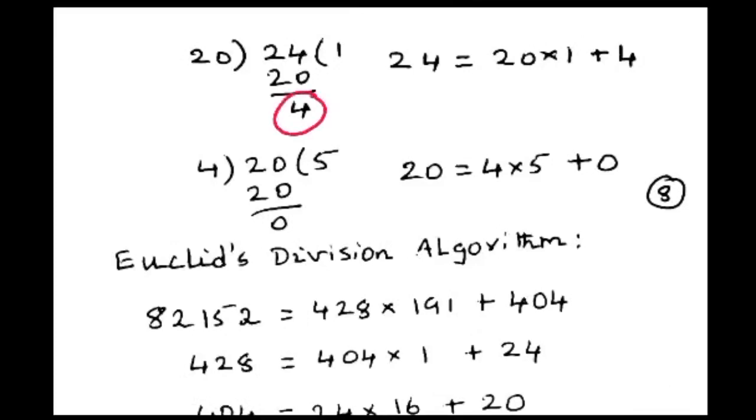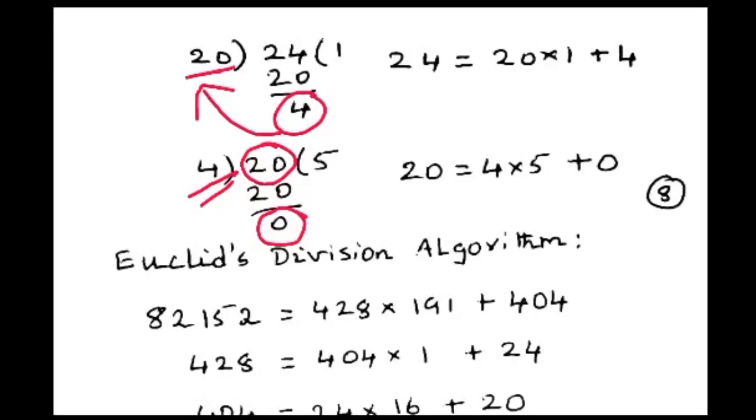Now we have to divide the divisor 20 by remainder 4. So 4 becomes the divisor, 20 becomes the dividend. When 20 is divided by 4, we get remainder 0. Therefore, this is the last step.